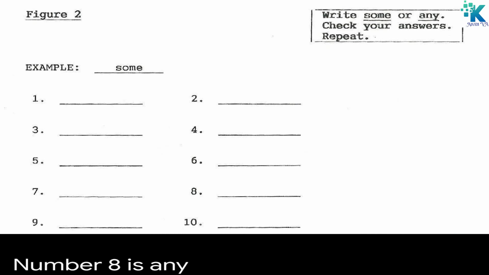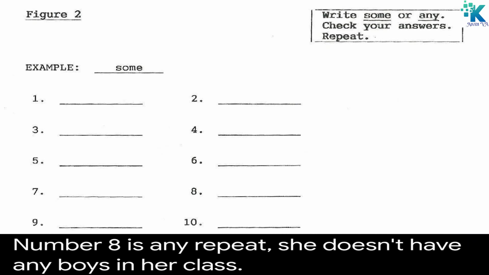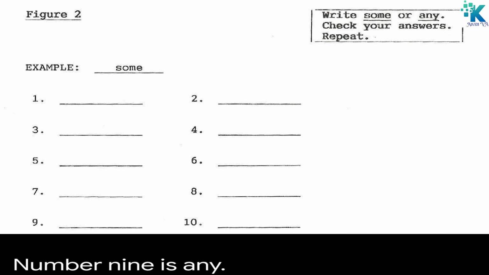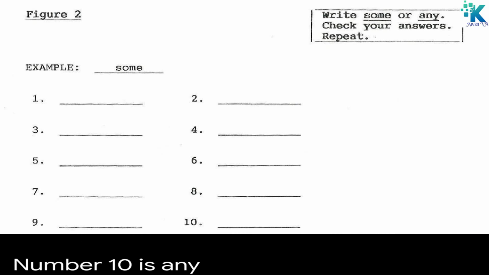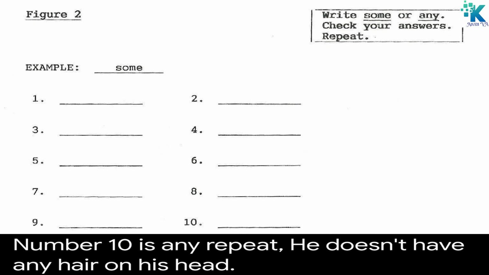Number 8 is any. Repeat. She doesn't have any boys in her class. Number 9 is any. Repeat. She never takes any medicine. Number 10 is any. Repeat. He doesn't have any hair on his head.